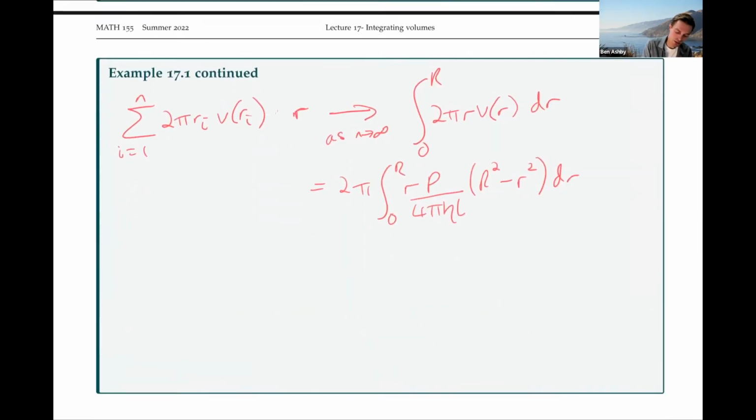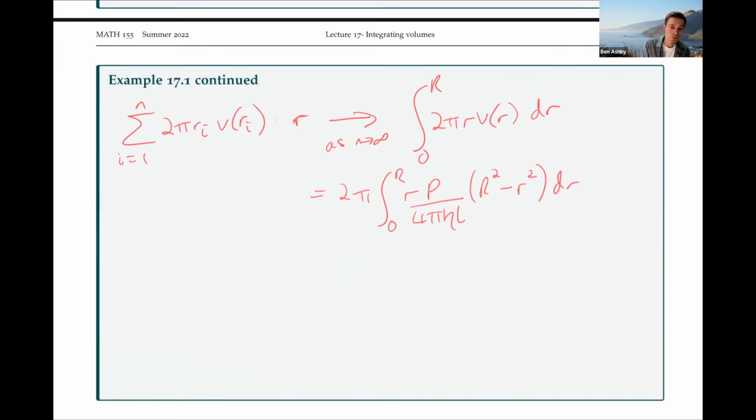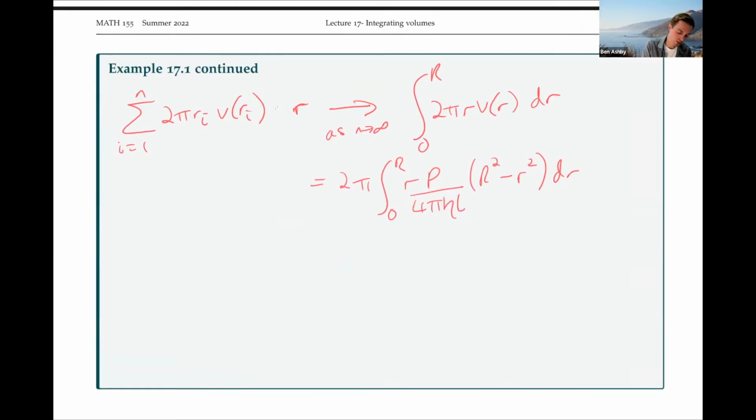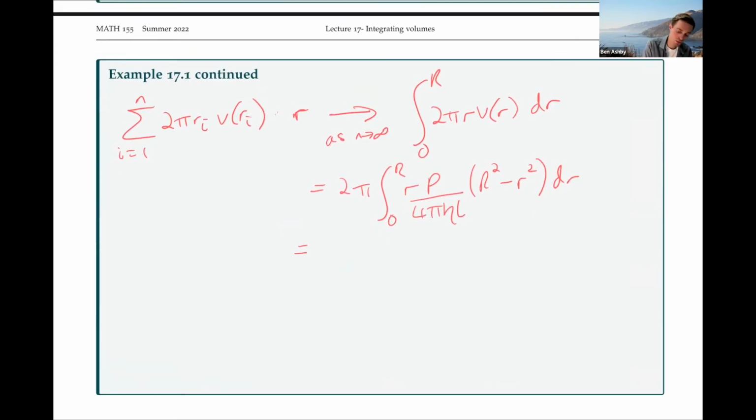Okay, so we have this integral here, and we can work it out. It's a definite integral. So if we take out this factor of P over 4 pi eta L to the front, we can just jump straight ahead and do the integral here.